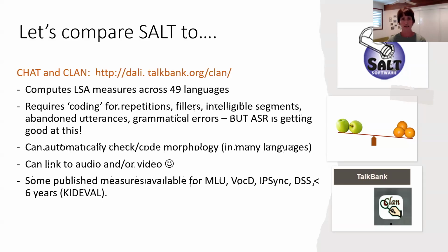So they've then created a tiny little program called KidEval, and you can use that again for free. And then those measures you can compare to their samples that are integrated in the CHILDES databases, but they're really all below 6 years of age for now.